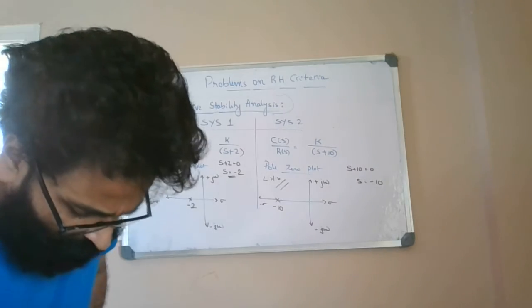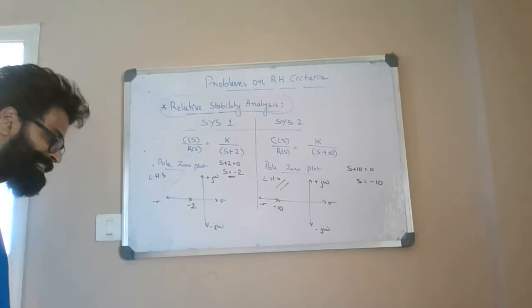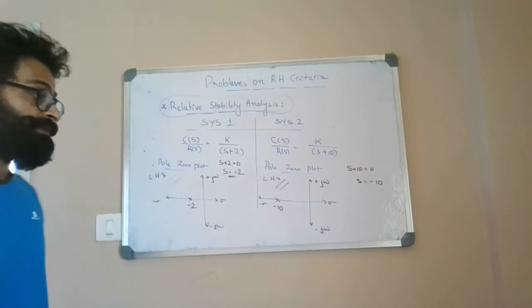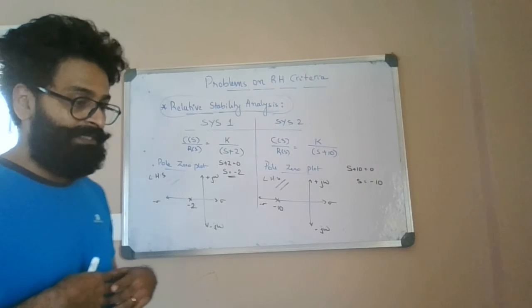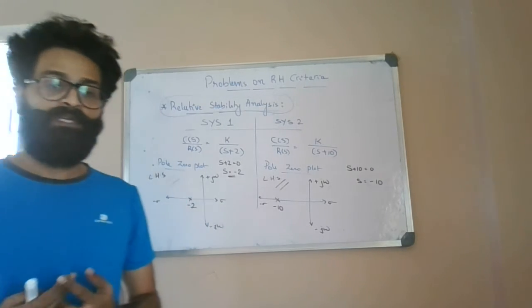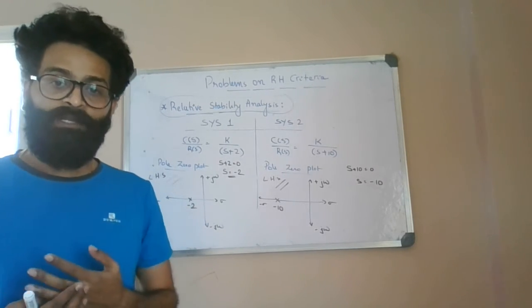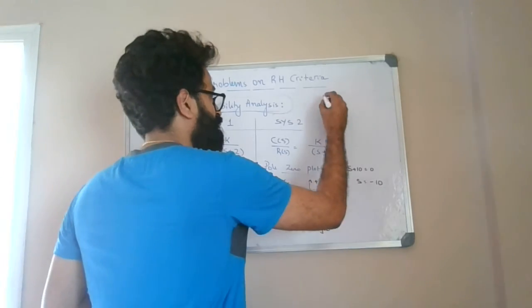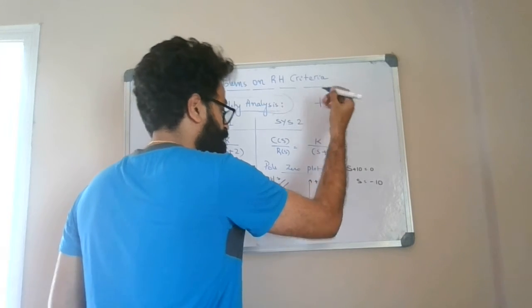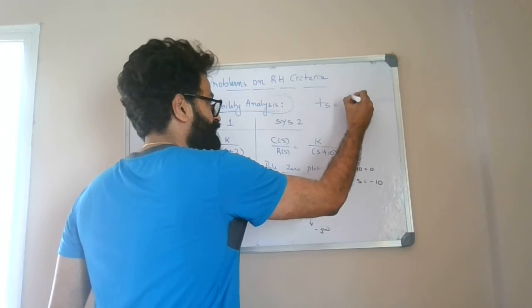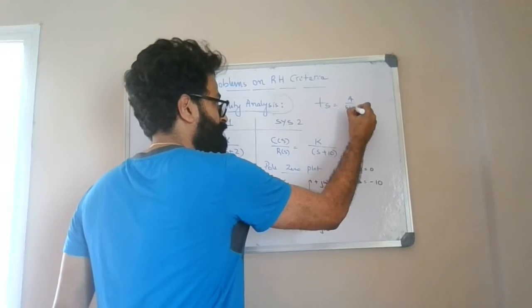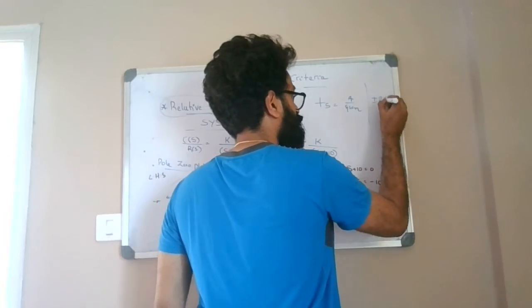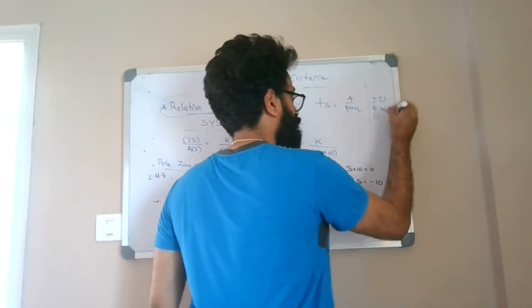Now, both are stable systems. So relative stability is basically judged on the basis of settling time. The system which settles faster is said to be relatively more stable than the other system. Okay. Now, how would you determine the settling time? So settling time, we have seen that it's given as 4 by zeta omega n for plus or minus 2% of tolerance, right?